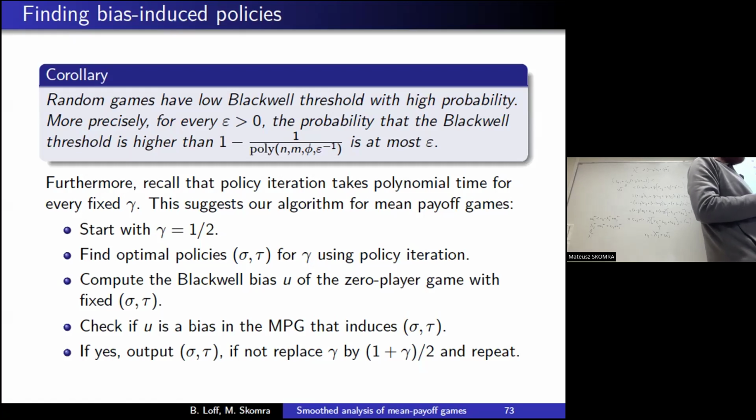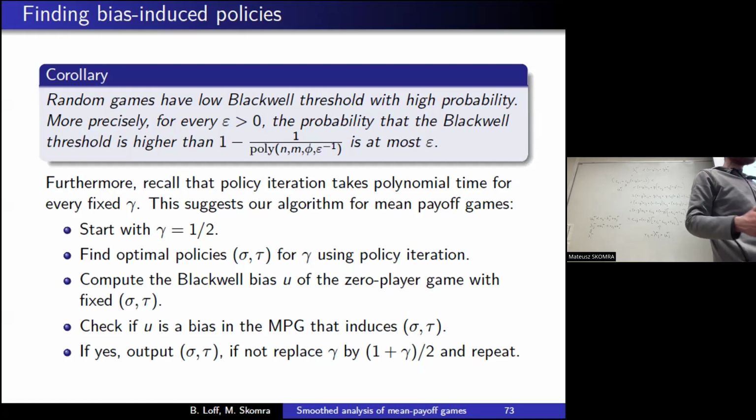But if you run it on a random game, then what will happen? Well, the Blackwell threshold should be low with high probability. So the number of updates that you do to the gamma is low. It's like a logarithm of this. But the main point is that at every gamma, the number of iterations of your policy iteration is pseudo-polynomial in gamma. But gamma is polynomial in the input.